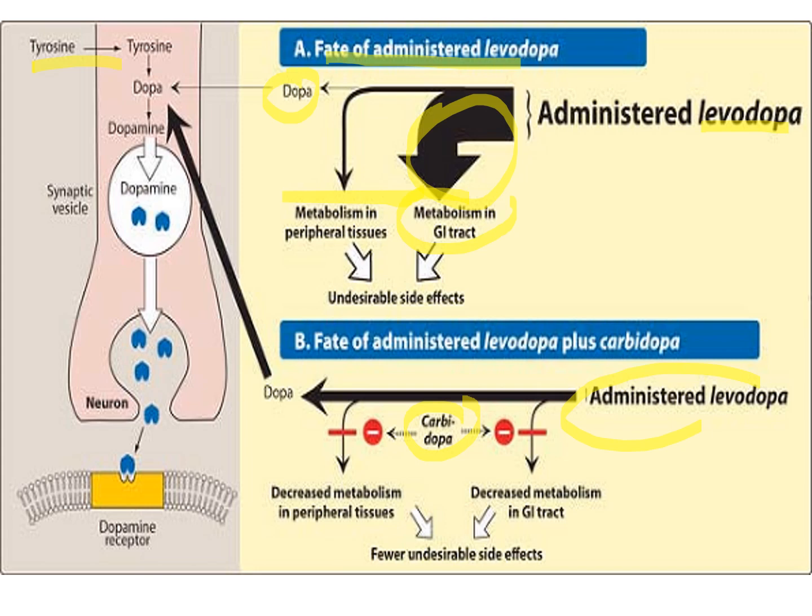First of all, more of the dopa is going to reach the CNS, and secondly, the undesirable side effects which were seen because of its metabolization in the periphery are going to be less. So this is how you improve the bioavailability of levodopa. You can combine it with carbidopa, and there are two other mechanisms. Of course, you can answer that very well.